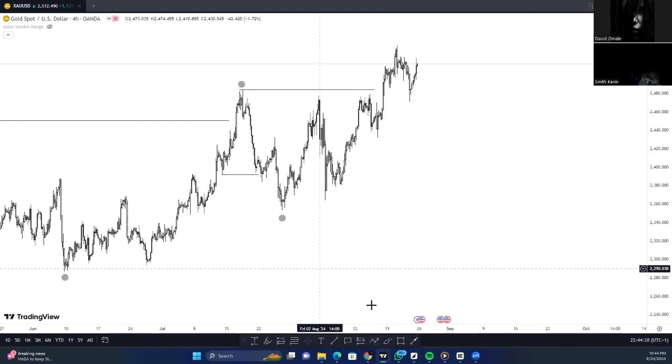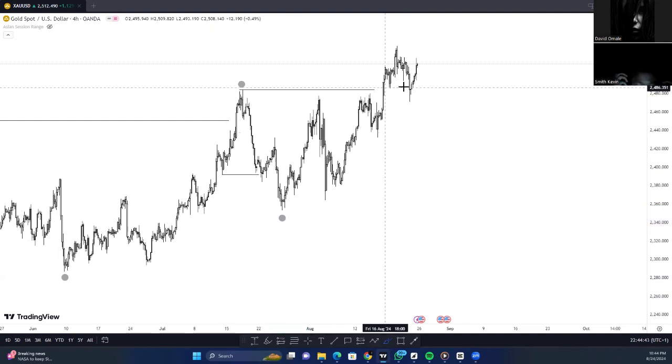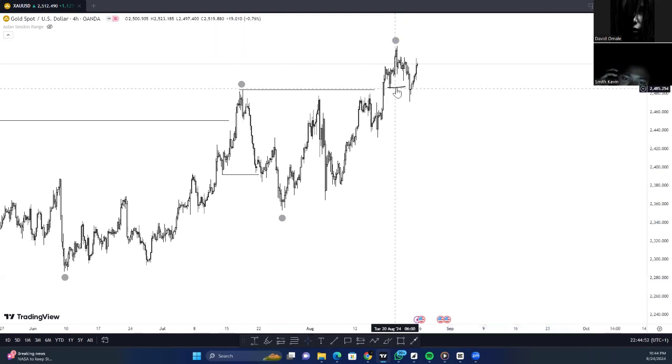This becomes our higher low, and after price took out this recent low, this becomes our higher high. Yeah. Let me just make it clean.